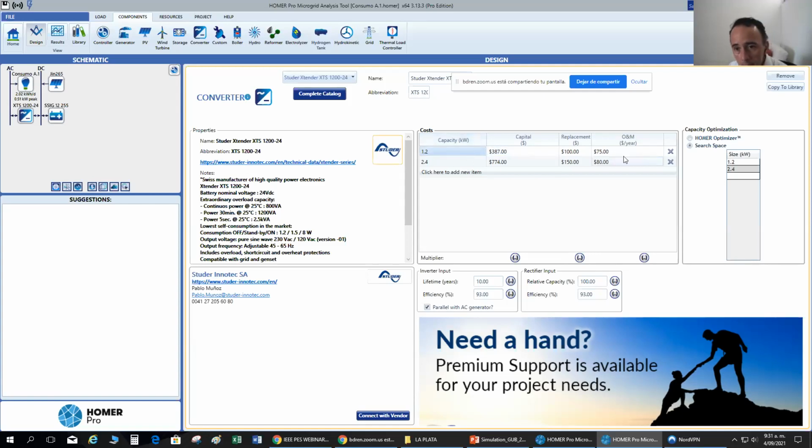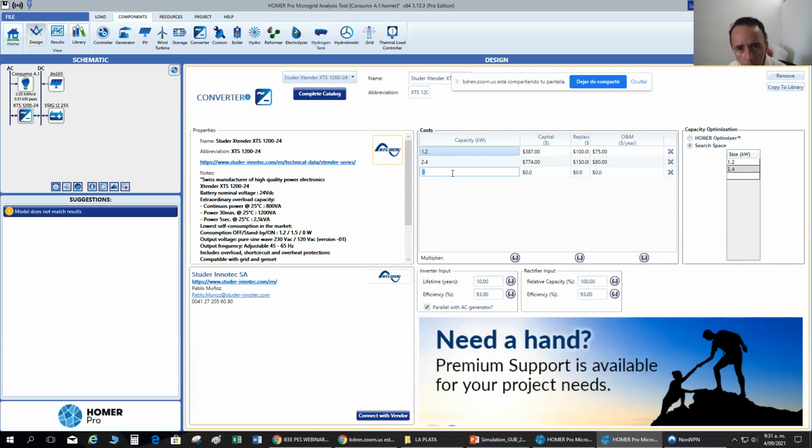So I place it in this search matrix to optimize, or sorry, to create this. I'm going to click on it twice. Let's see, sorry, here. Click here to add a new item. Why?